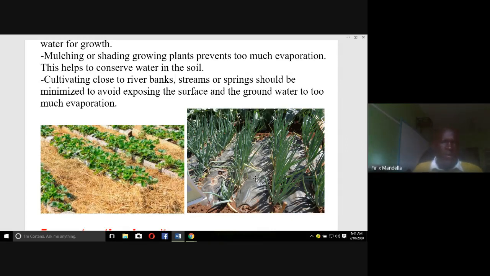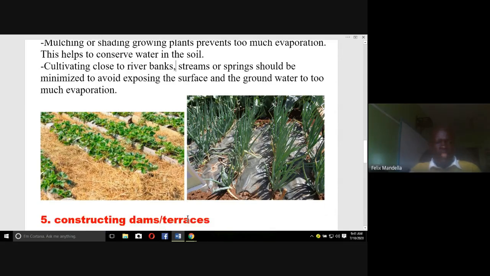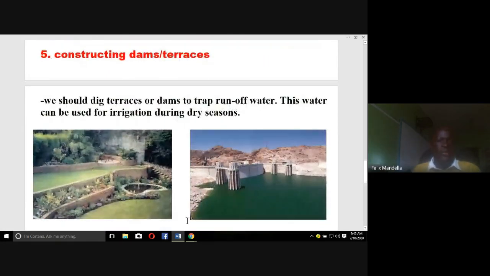It is a method of helping to conserve water. Then we have the fifth method of conserving water that we had looked at: constructing dams or terraces. We are told we should dig dams or terraces to trap runoff water.